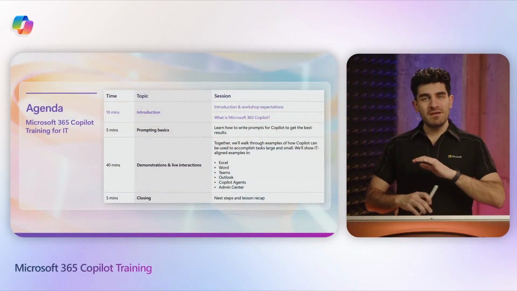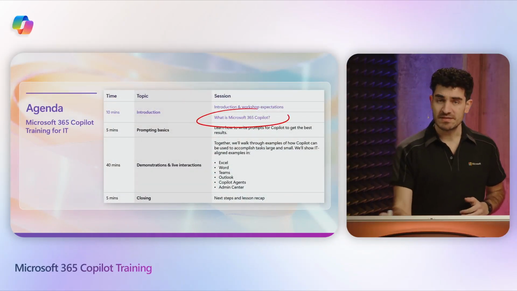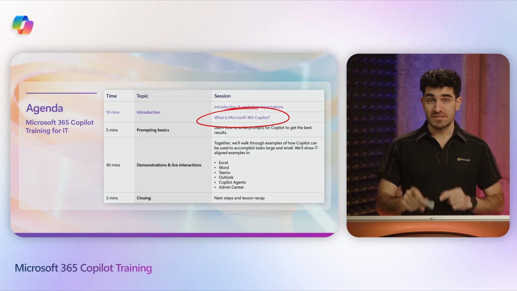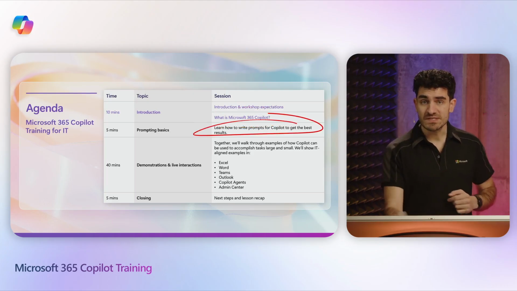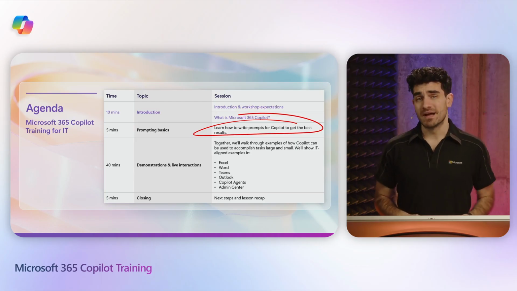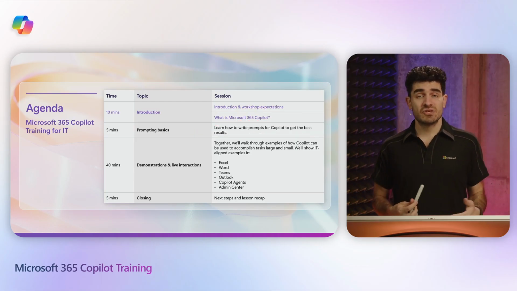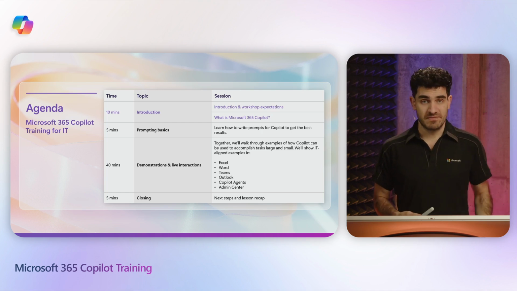We'll begin with a quick introduction to Microsoft 365 Copilot and what makes it uniquely powerful. Then, we'll cover some of the essential prompting strategies to communicate effectively with Copilot. The heart of our session, though, is going to be our live demonstrations across the Microsoft 365 suite.